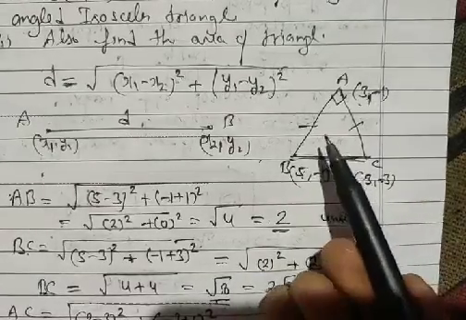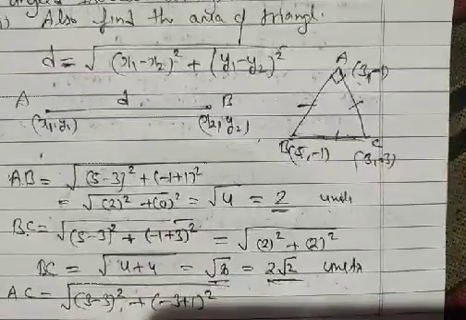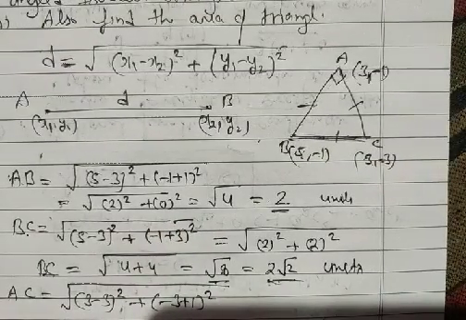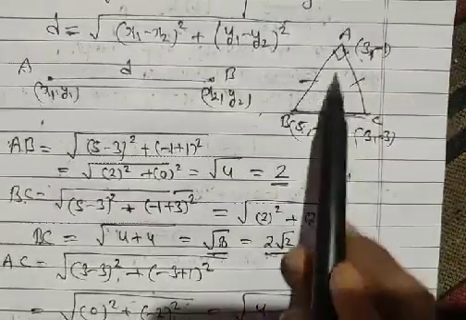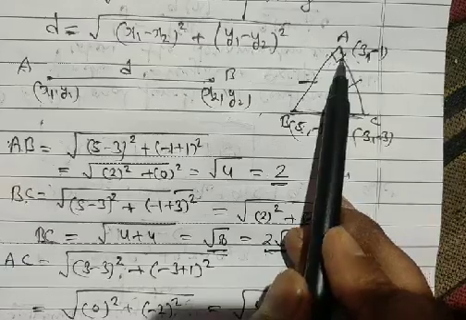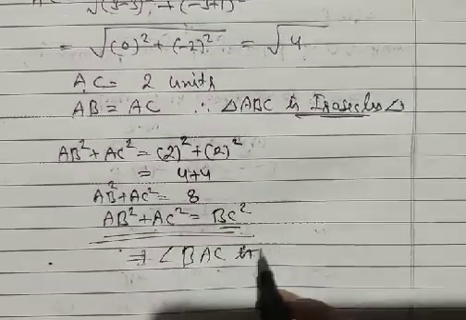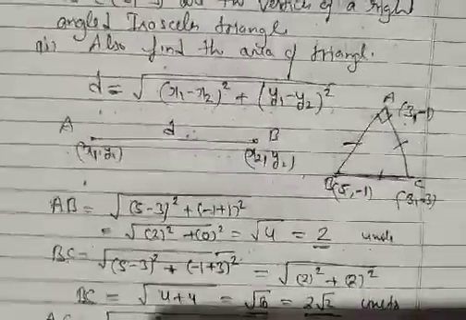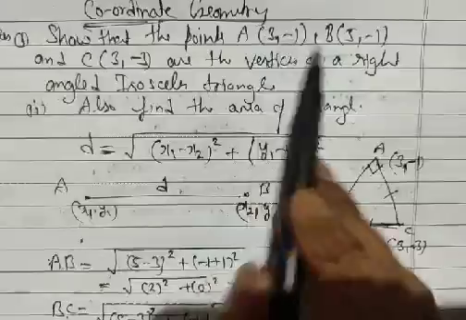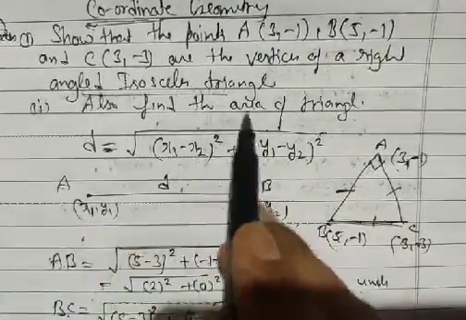Any one of them may be base, maybe perpendicular; it's not a matter of our concern, because in a right angle triangle the other two sides are considered as legs. Now the hypotenuse's opposite angle is the right angle, so angle BAC is our 90 degrees. Now we see that these points A, B, C are the vertices of a right angle isosceles triangle.